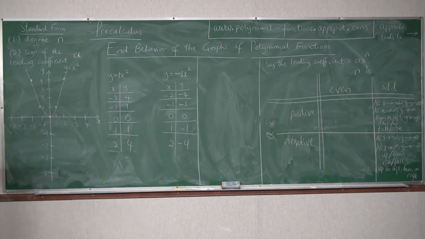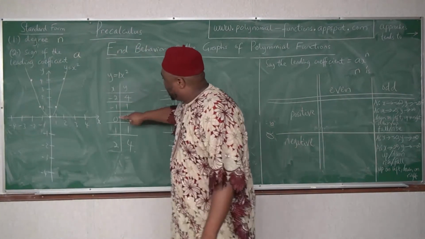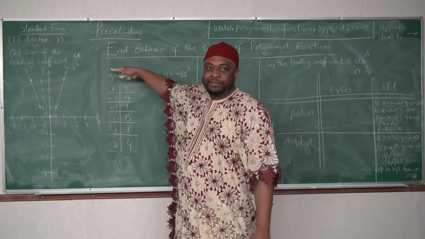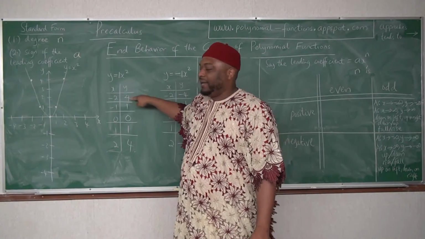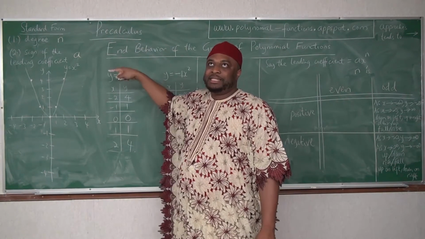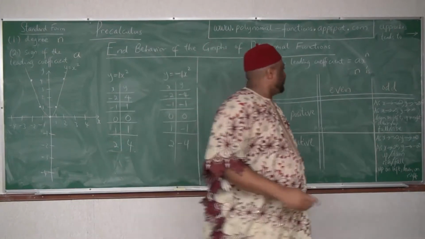Up on the left, up on the right. As you can see here, as x approaches negative infinity, negative 1, negative 2, negative 3, y approaches positive infinity: 1, 4, 9. If x is negative 4, the next one will be 16. So y approaches positive infinity.